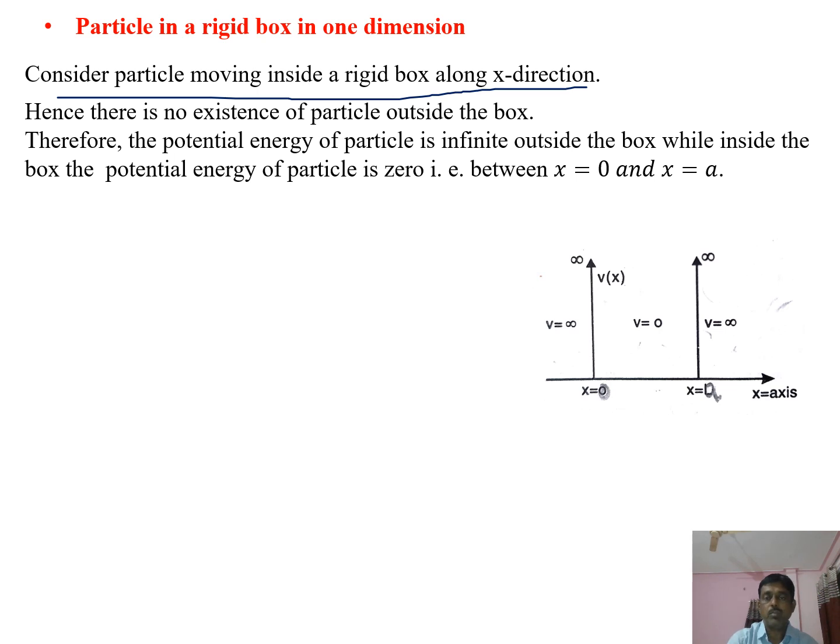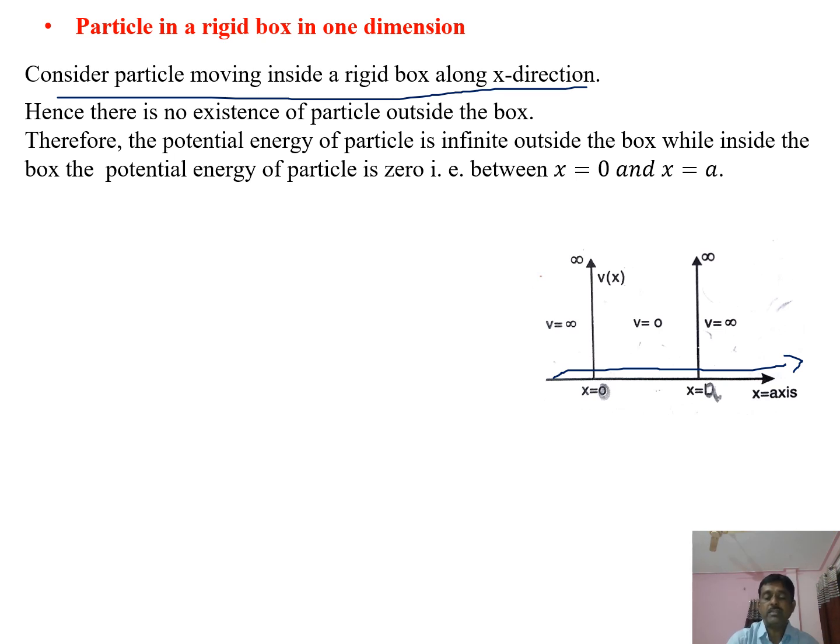The particle moving inside a rigid box along the x direction is as shown in this figure. The particle is bouncing back and forth between the walls of the rigid box. Hence, there is no existence of the particle outside the box.